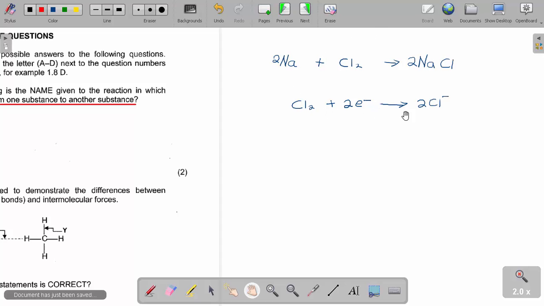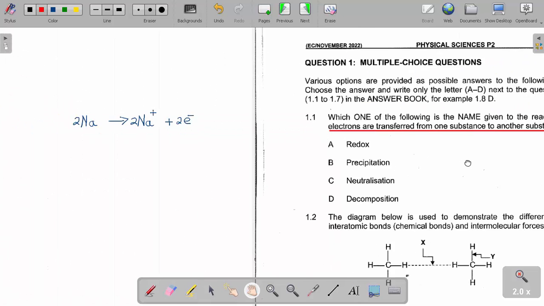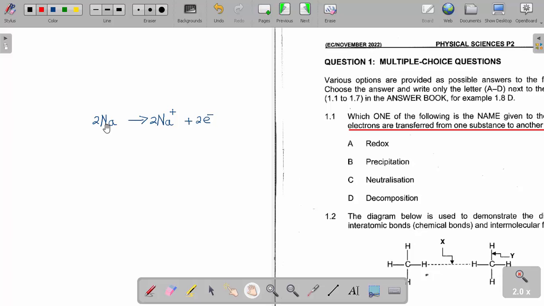So this is a half reduction equation. And then the one for sodium, it gives off electrons to form sodium ion. By the way, note from the start that whenever we have electrons in the product side, it means this reaction gives off electrons, because they appear in the product side. So this is a half oxidation reaction.